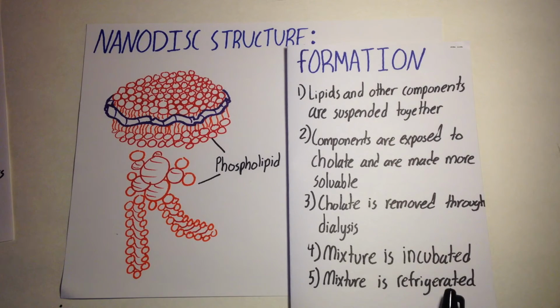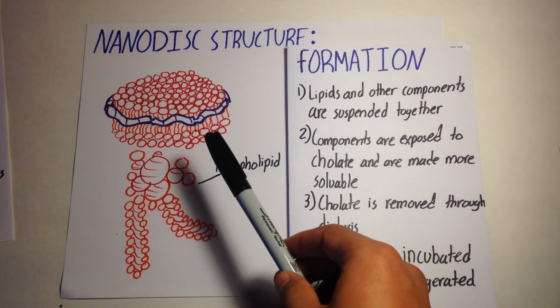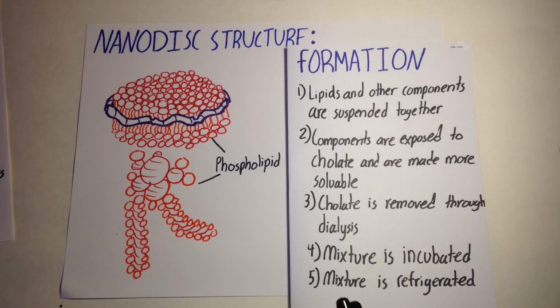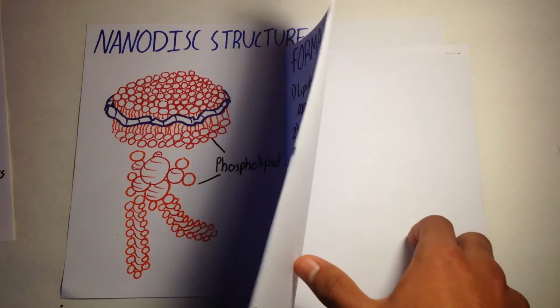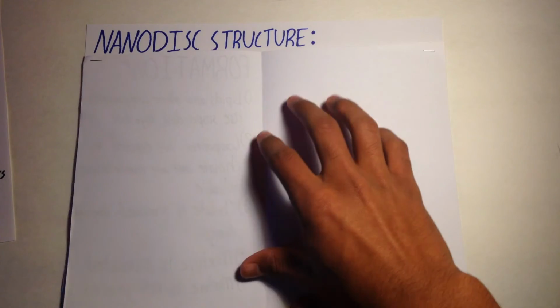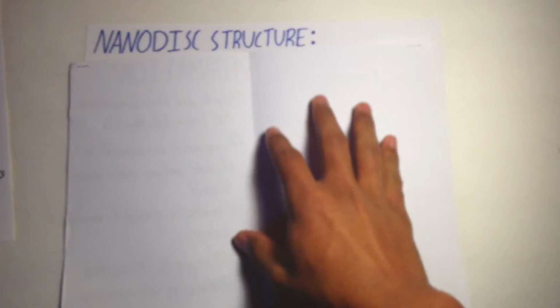But when the mixture is refrigerated, the structure becomes far more refined and more structurally sound to be acted on by the body and exposed to the environments that the body will present. So here, I will run an animation of the formation of nanodiscs.